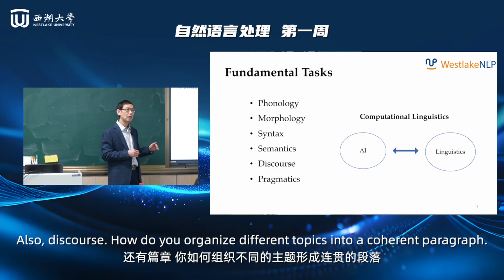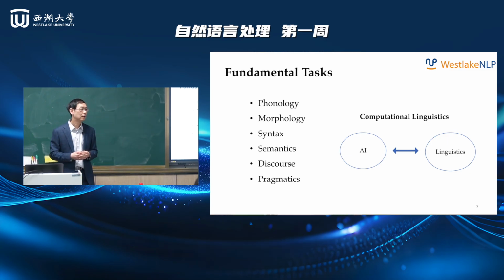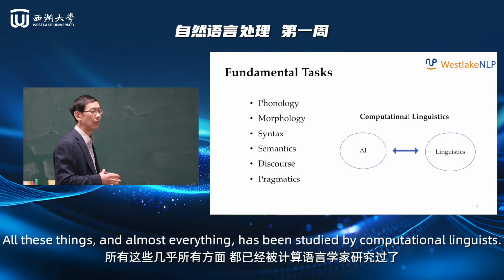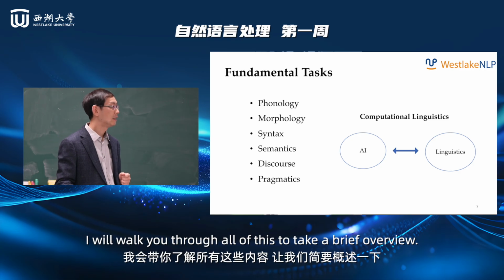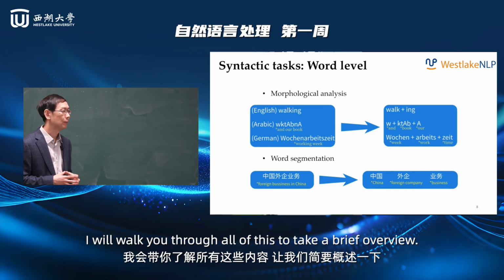Also discourse, how do you organize different topics into a coherent paragraph, right? And pragmatics, right? The intention of your words, okay? All these things. And almost everything has been studied by computational linguists, okay? So I will walk you through all of these, okay, to take a brief overview.